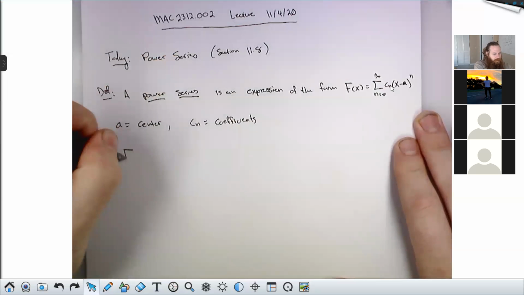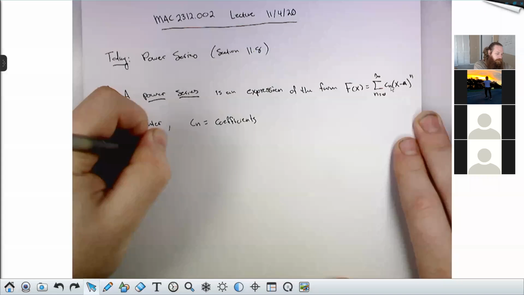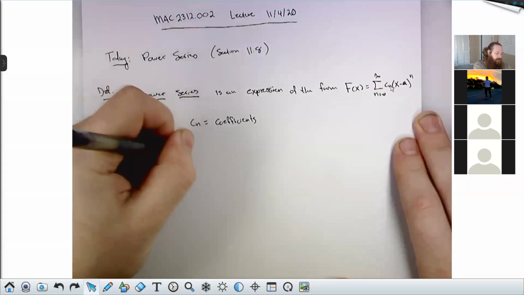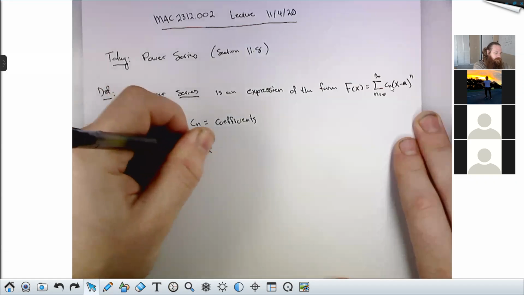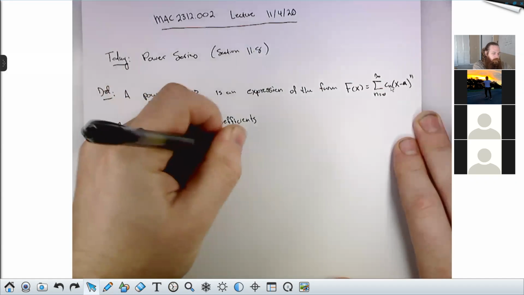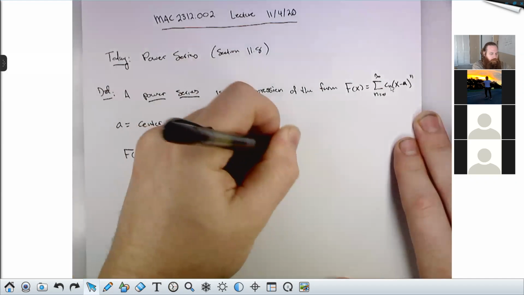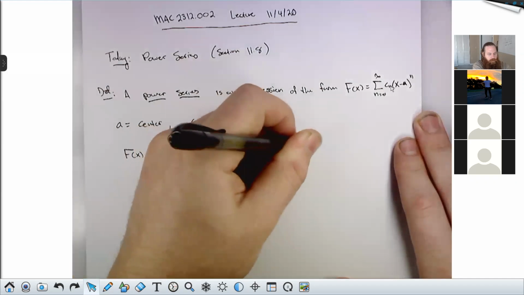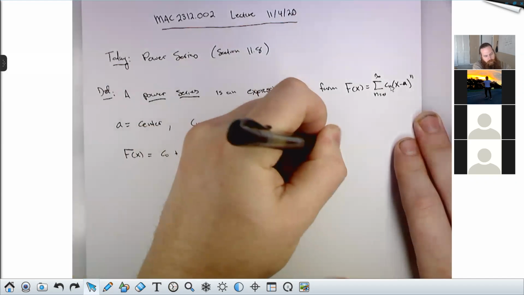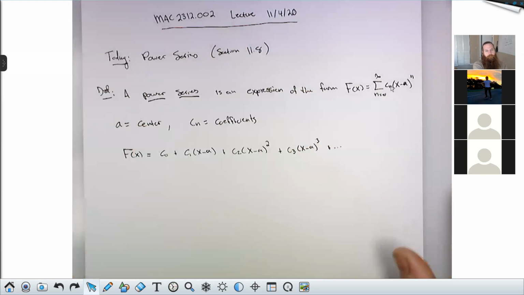If you want to write that out in long form without the capital sigma, it looks like c_0 plus c_1 times (x minus a) plus c_2 times (x minus a) squared plus c_3 times (x minus a) cubed, and so on.